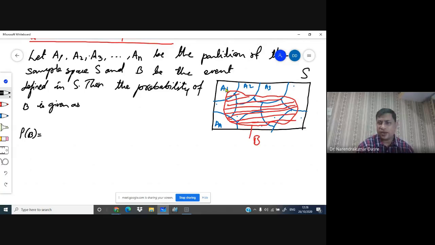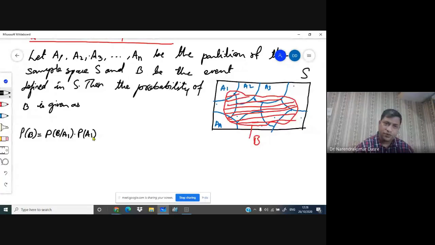So for A1, I have to consider the probability of A1 and the conditional probability of B on A1. All by having here the conditional probability of B on A1 into the probability of A1. Okay.